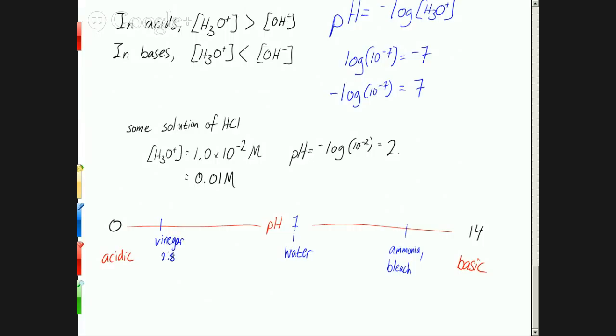So vinegar is 2.8. Coke is 3. So that's very, very acidic also, phosphoric acid. Milk is a little bit acidic. Blood is about neutral. So anything between about 6 and 8 we call neutral. Below 6 we call acidic. Above 8 we call basic in general.